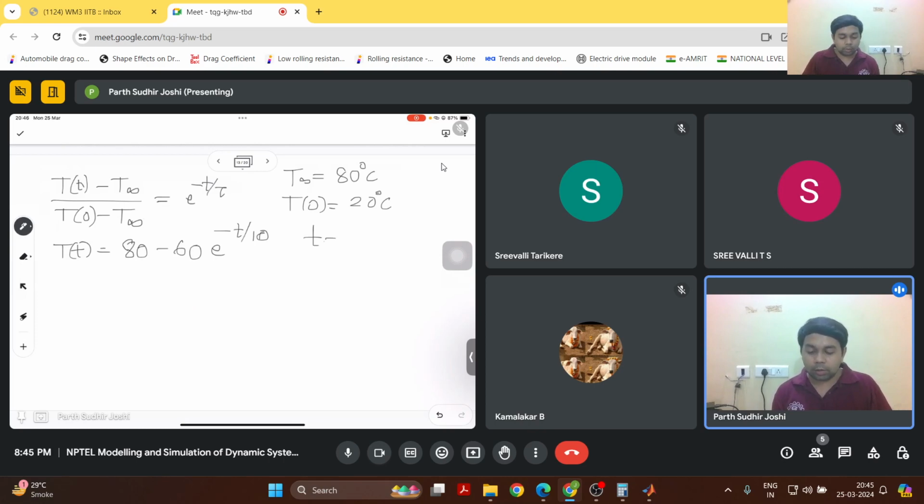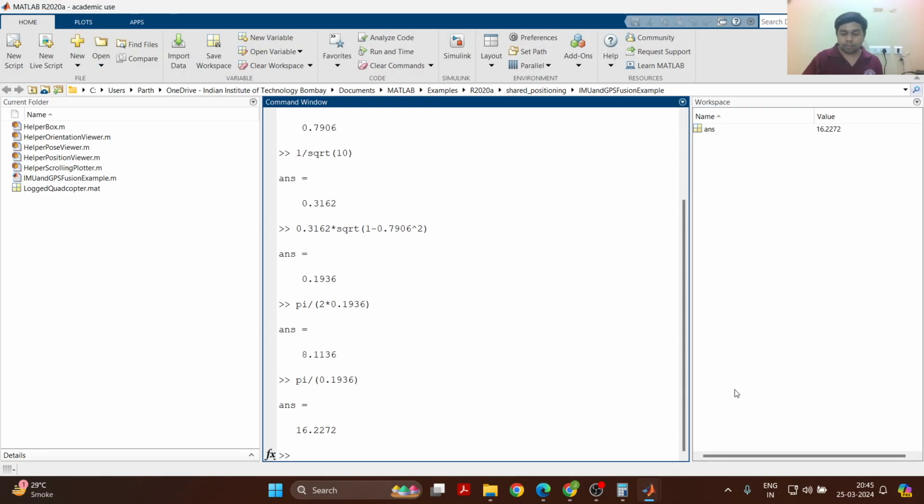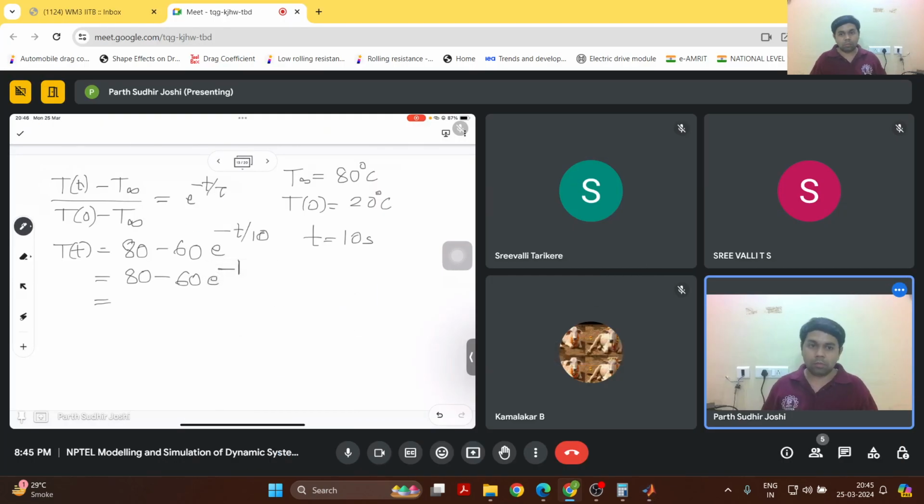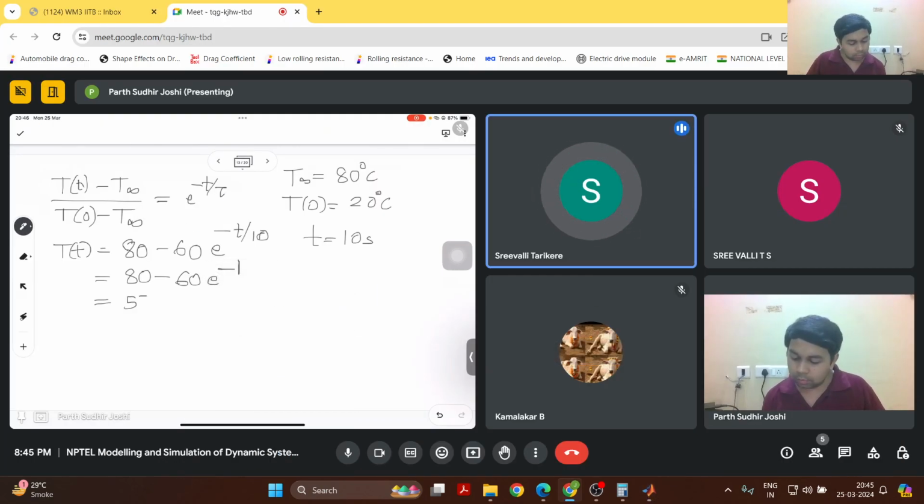So when t is equal to 10 seconds, it will be 80 minus 60 e to the power minus 1, which is 57.9.